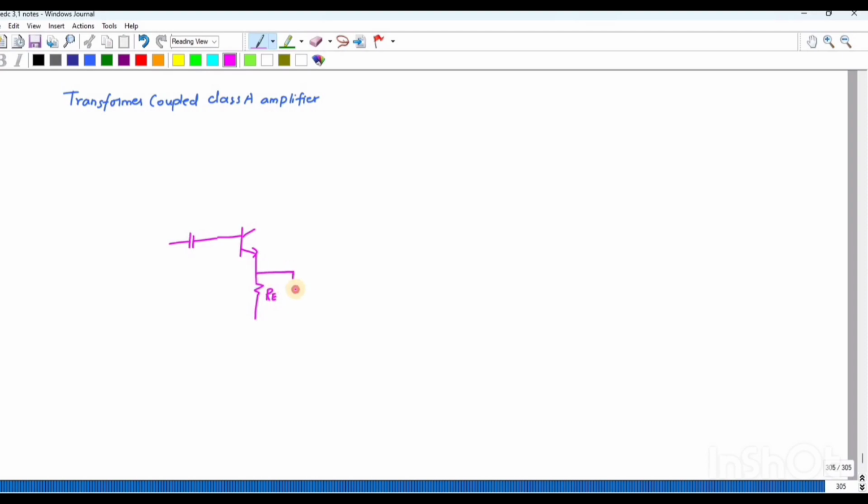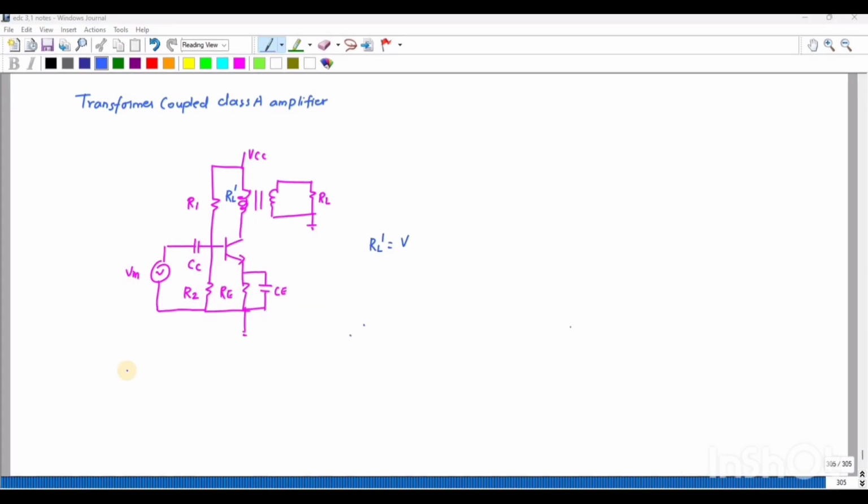RE is an emitter resistance, C represents the bypass capacitance, and R1 and R2 are biasing resistances. Here, instead of RC, I have connected a transformer, whose input resistance is RL bar and the output is RL, and I have given a DC power supply.